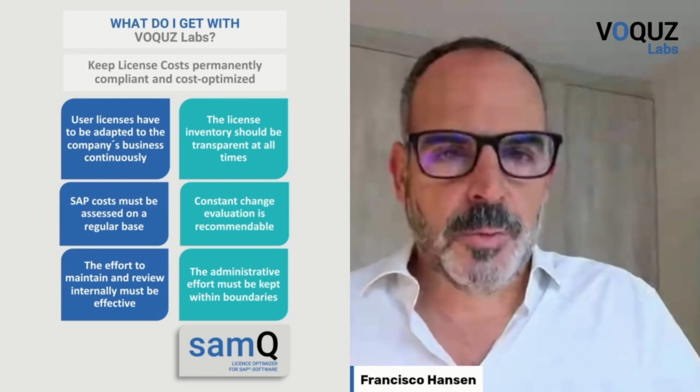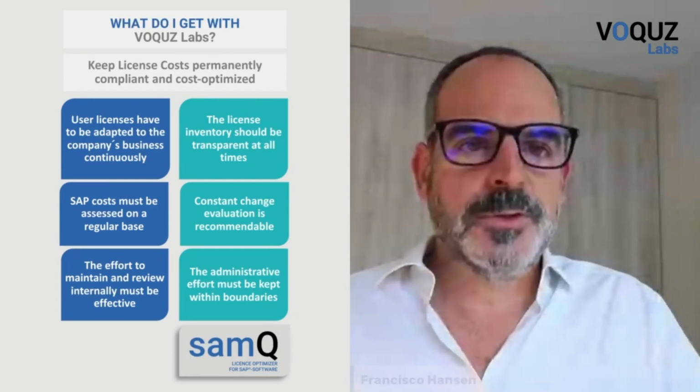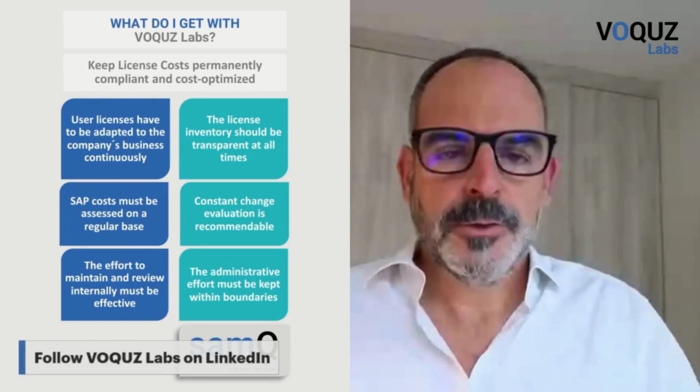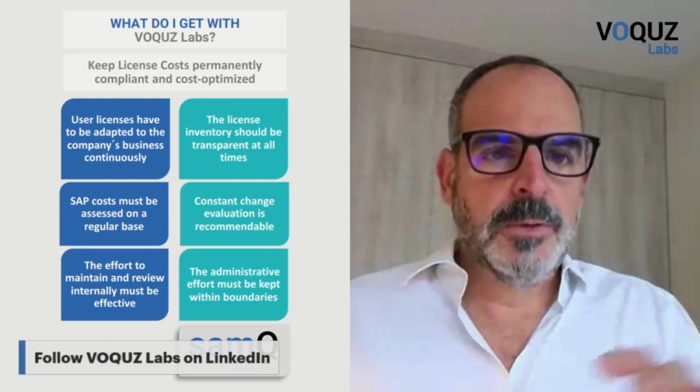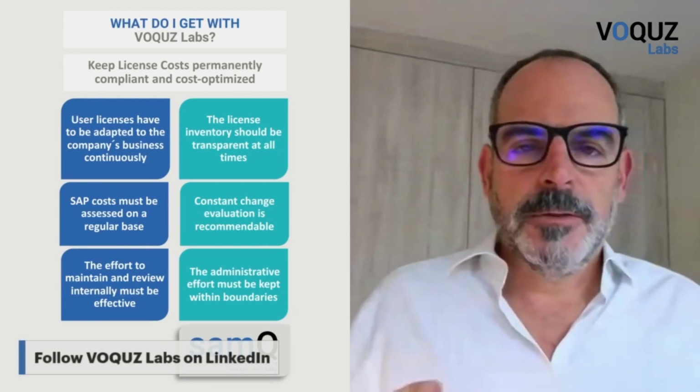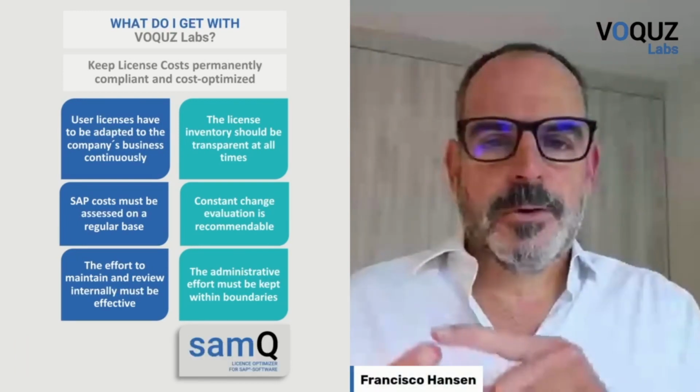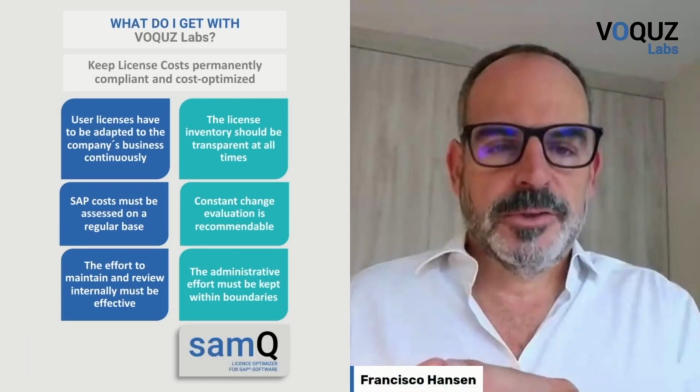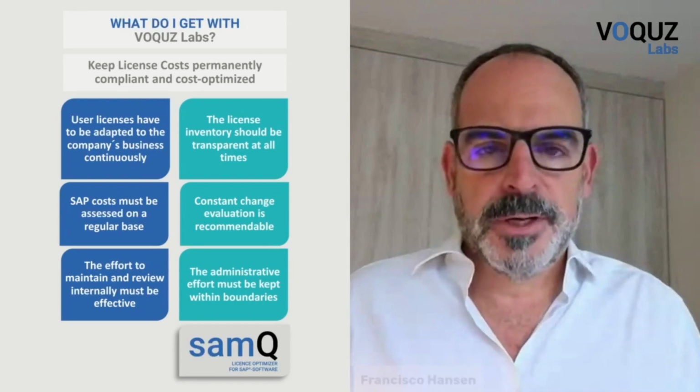What do you get from us? Well, you get from Focus Labs the user license assessment to make sure that you won't be overbuying when you migrate to S/4HANA. You get from us price indications for AMS, so application managed services, so that you have a market comparison there.